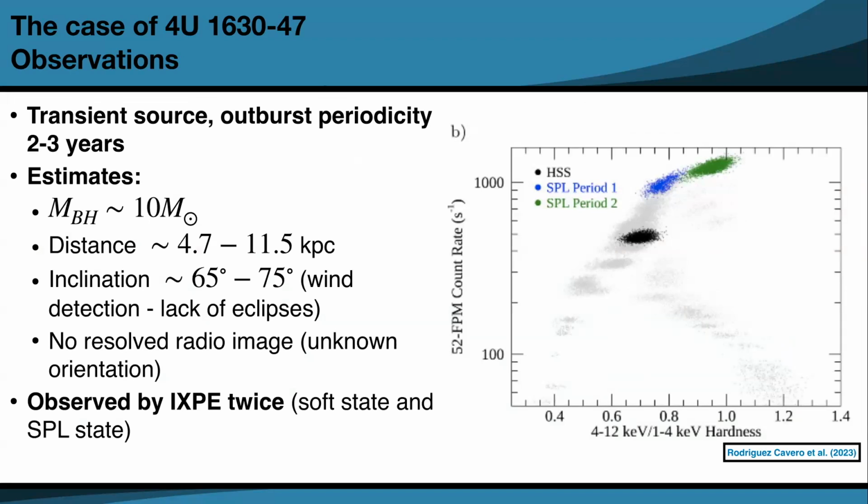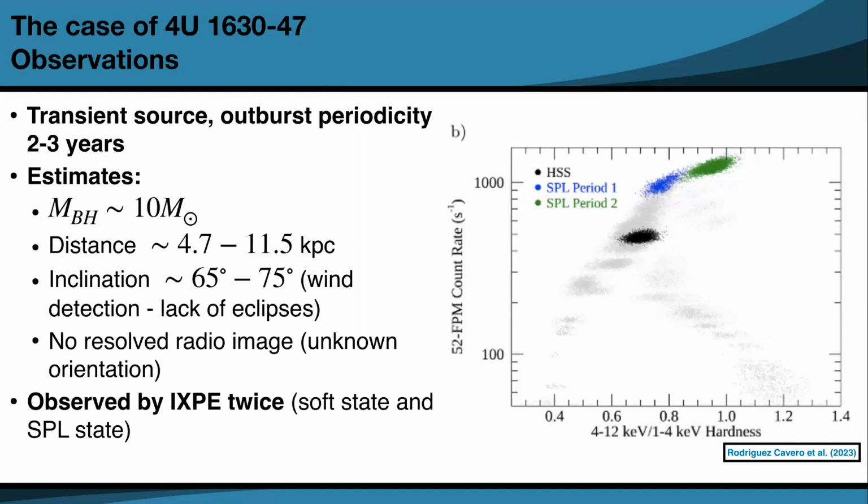The inclination estimate is due to the fact that a wind signature has been detected in the source, which is an outflowing plasma expected to be located on top of the accretion disk and is observed in some sources through highly ionized absorption lines in the spectrum. And since the model of this wind emission, one of the 2 main models actually, assumes this wind to have an equatorial distribution, the detection of such an outflow suggests the source has a rather large inclination.